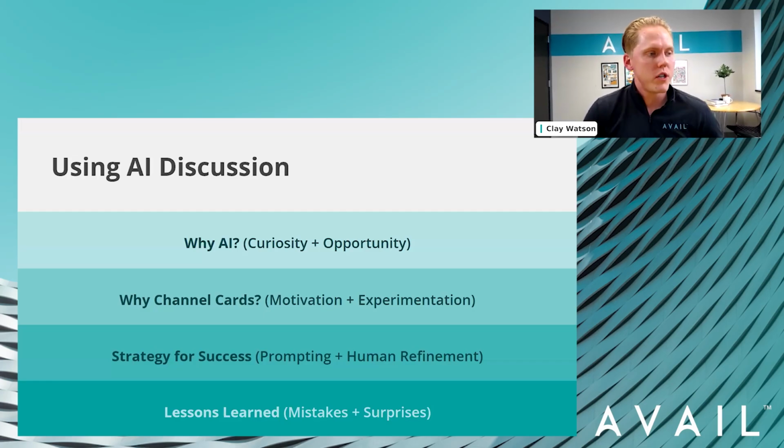All right, so shifting gears just a little bit. We talked about your thoughts on AI and why you use AI. What sets you on this path to use AI for channel cards? Talk a little bit about where your story started in applying this technology to your work in Avail.